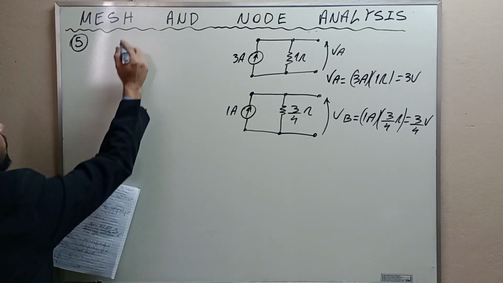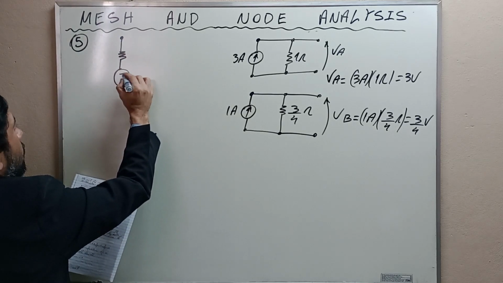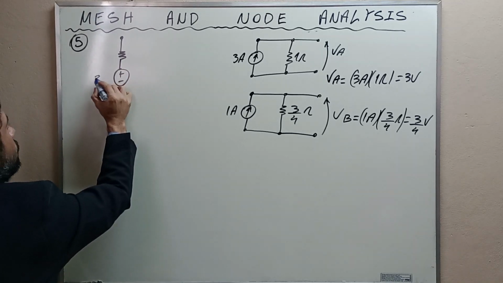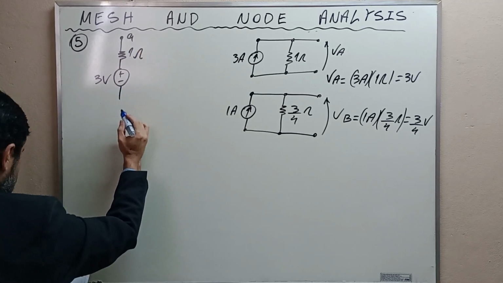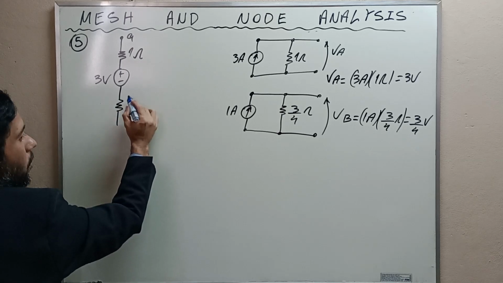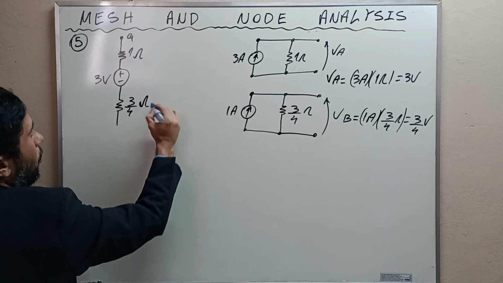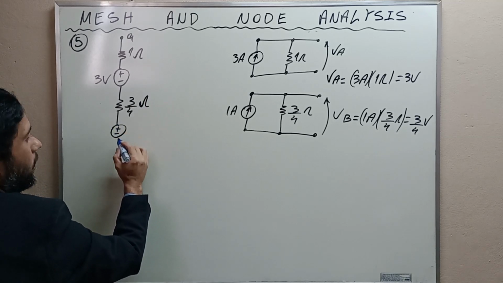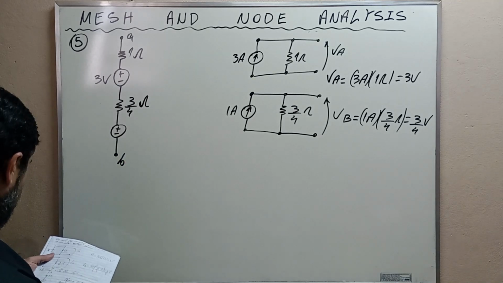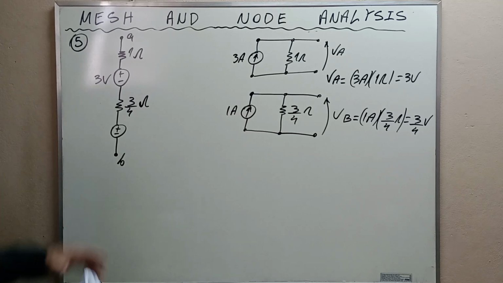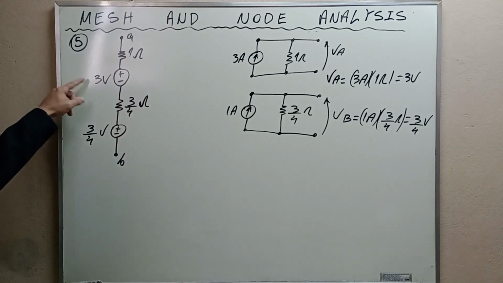Okay, terminal A will be here, and here 3 volts. This is 1 ohm. This is terminal A. Here 3/4 ohm, and here terminal B. Okay, observe that these are additive.